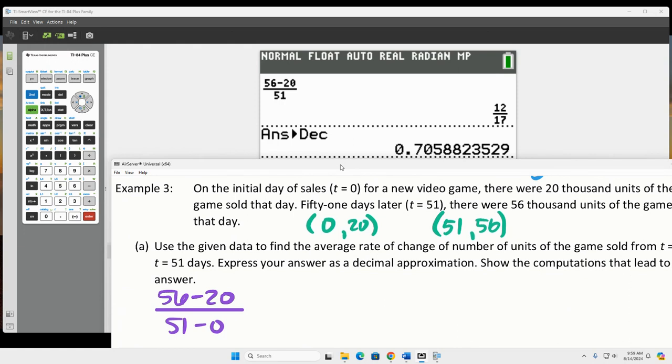All right, and you're going to hear me say this a lot, so hopefully eventually it's going to be in your brain. You have to be accurate to 3 decimal places. So if you say 0.7, nothing. If you say 0.71, nothing. So you can either go past 3 decimal places, or you can truncate after 3, which is just drop off after the 3 decimal places, or you can round.